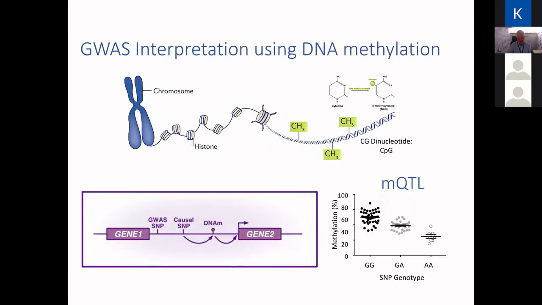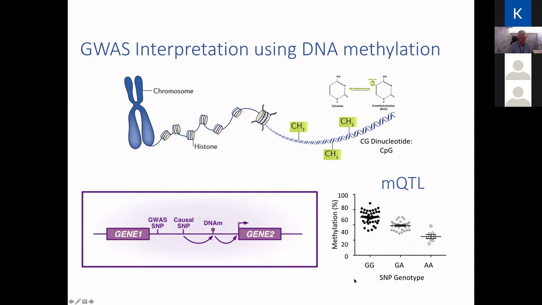Something else that's becoming apparent, and particularly so in osteoarthritis, is that there is an interaction with epigenetics, and in particular DNA methylation. So it seems to be the case that if you identify a GWAS SNP and a causal SNP, there may be an intermediate effect, and that particular polymorphism may alter DNA methylation in the intergenic region, and that itself will then regulate the expression of a gene.